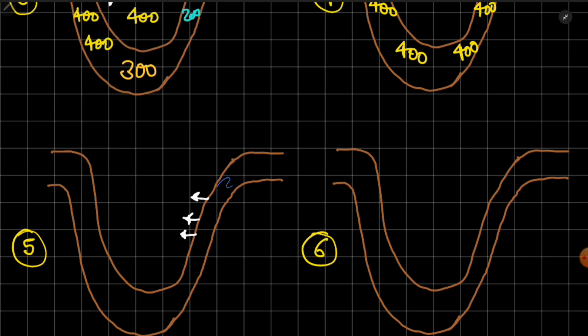Let me use a different color for less osmolarity. So it will be 150, and the 400 will convert to 300.